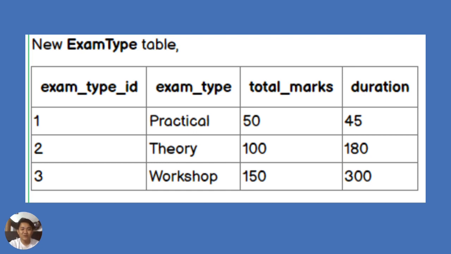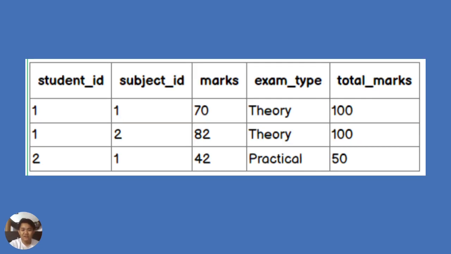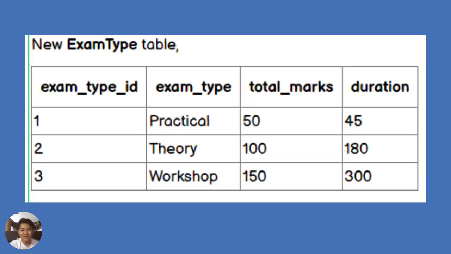You will make a new exam type table and put exam type and total marks on there. And you should of course make another exam type ID since you're making another table. So that is basically what you should do. You should make another table if one non-prime key has a relationship to another non-prime key.